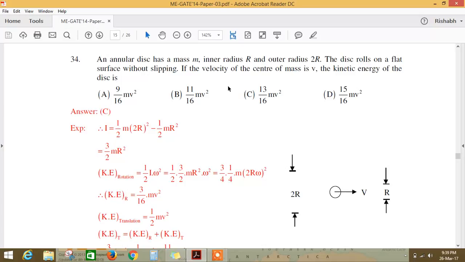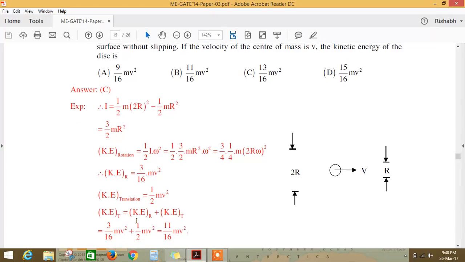Since the disc is rolling, it is a motion which consists of translation plus rotation, so you will have to consider two types of kinetic energy, rotational kinetic energy and translational kinetic energy, and add both. Translational kinetic energy is half mv square, where v is the velocity of the center of mass.